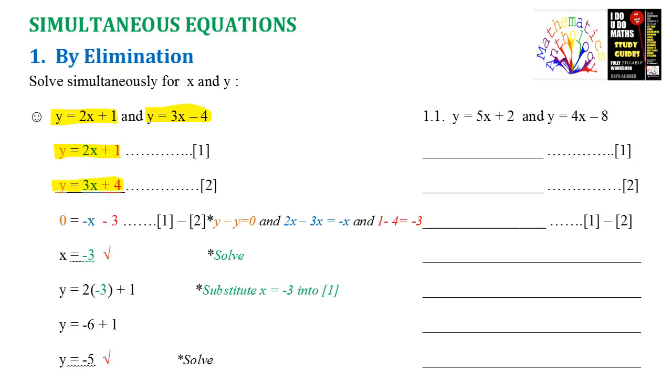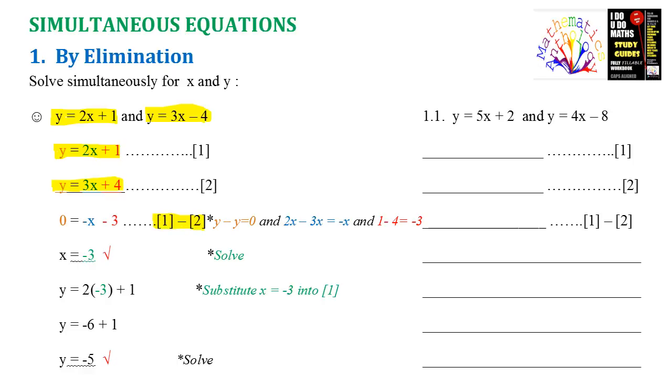Now, to use elimination, you need to have an exact term in both equations that is the same. So in equations 1 and 2, I have y that's exactly the same. So if I'm using elimination, I'm going to take equation 1 and subtract equation 2 from it.